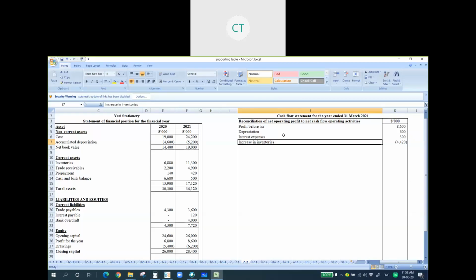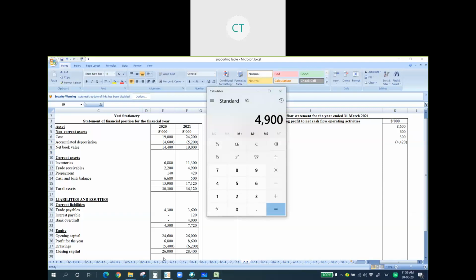The next item in your current asset is your trade receivable from 2,200 to 4,900. So obviously, this is an increase in trade receivables. Amount of increase 4,900 minus 2,200. So we get 2,700. So my question, is this 2,700 a positive amount in the cash flow statement or negative amount in the cash flow statement?